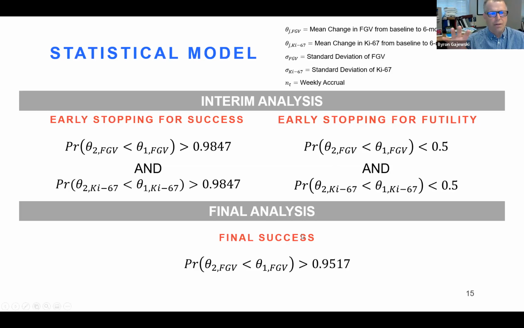Okay, so we have 2 endpoints for stopping the trial, but only 1 endpoint for final success. And the reason the interim analysis is more stringent with both here is to make sure that our secondary endpoint has enough information, so we don't regret not having information for that in addition to the FGV.